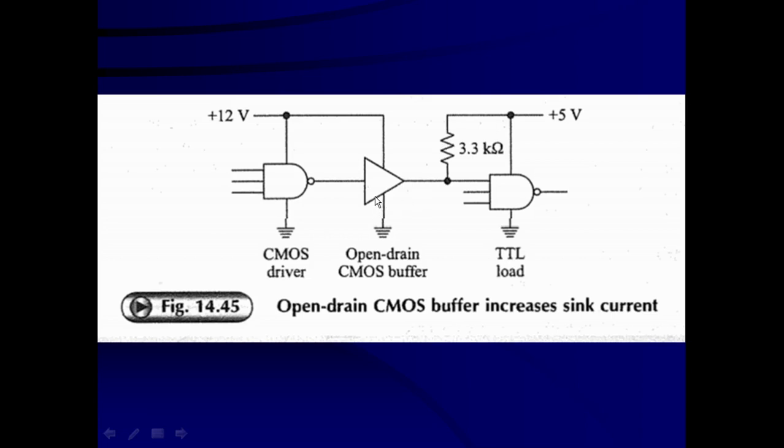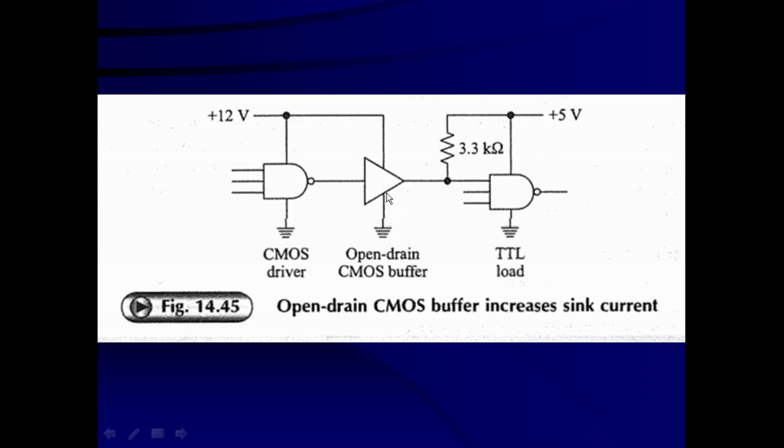When the output of the CMOS buffer is low, it is sinking current, the output is 0 volt, and the current passes through the 3.3 kilo ohms. So 5 volt divided by 3.3 kilo ohms, that is 1.52 milliampere, passes through this sink transistor. There is no problem.